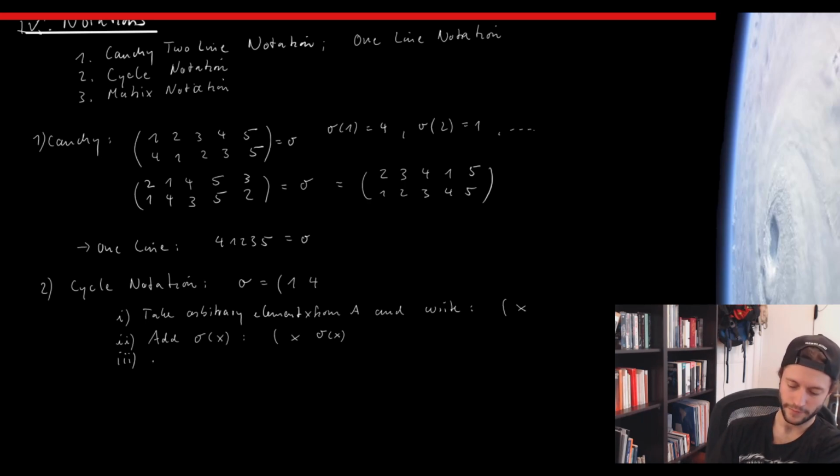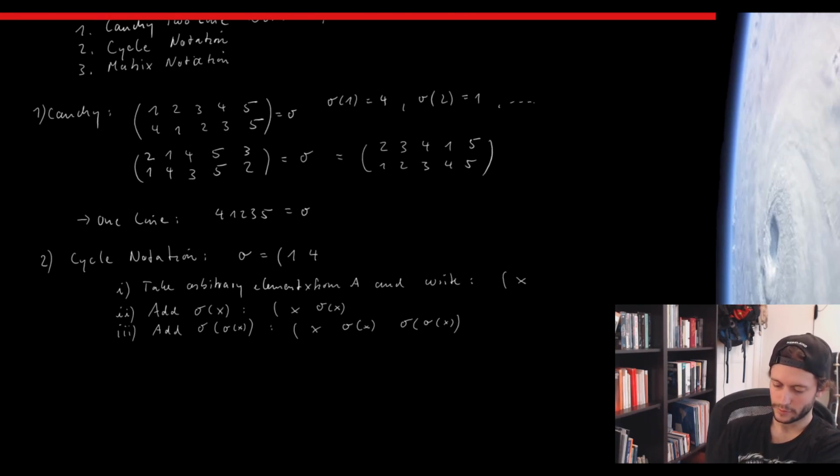Now you do the same thing again: sigma of the element before, X, sigma of X, sigma of sigma of X. Side note, if you are confused why I can put sigma of X into sigma, basically putting the image space into the pre-image space, then you should remember that we have a bijective map from A to A. So each element sigma of X from the image space, I can put into the pre-image again. All right, so the 4 gets mapped to the 3.